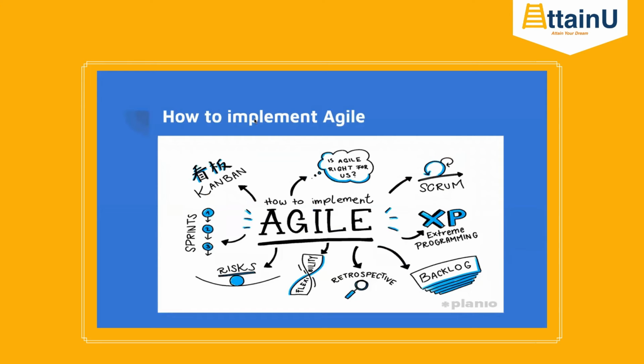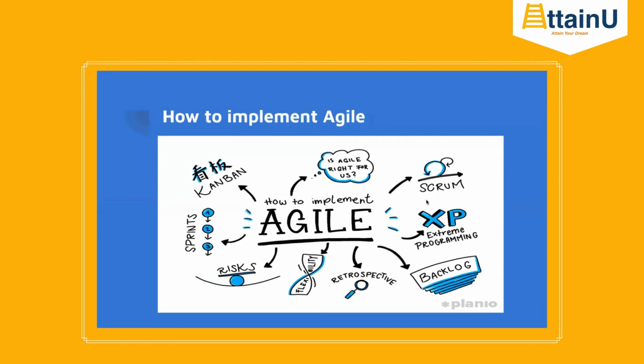Okay. Now, how to implement agile? We have multiple methods of implementing agile. We have Scrum, we have extreme programming, we have retrospectives, we have sprints, we have Kanban, right? They are just different methods of implementing your agile framework. Okay. Most of the companies, maybe even 80 to 90% of the companies, work on Scrum, right?